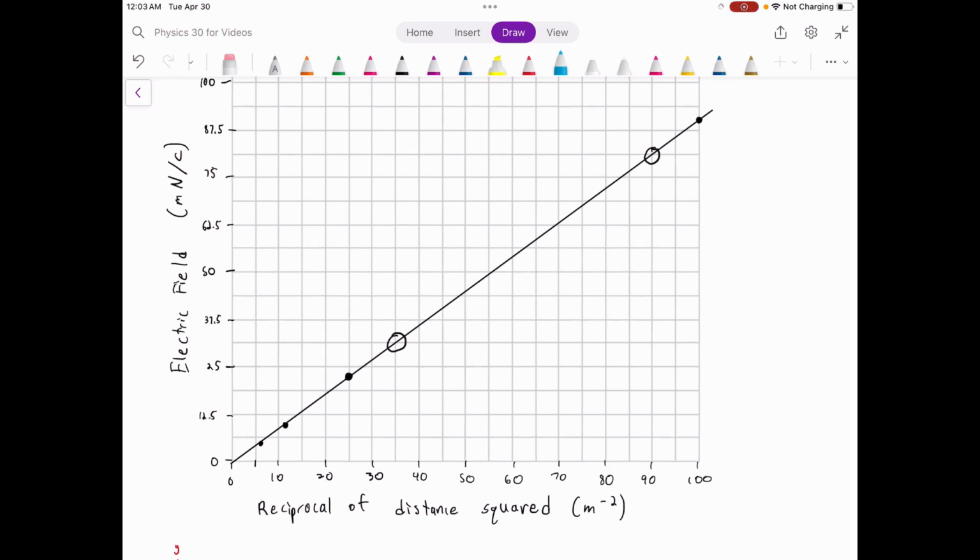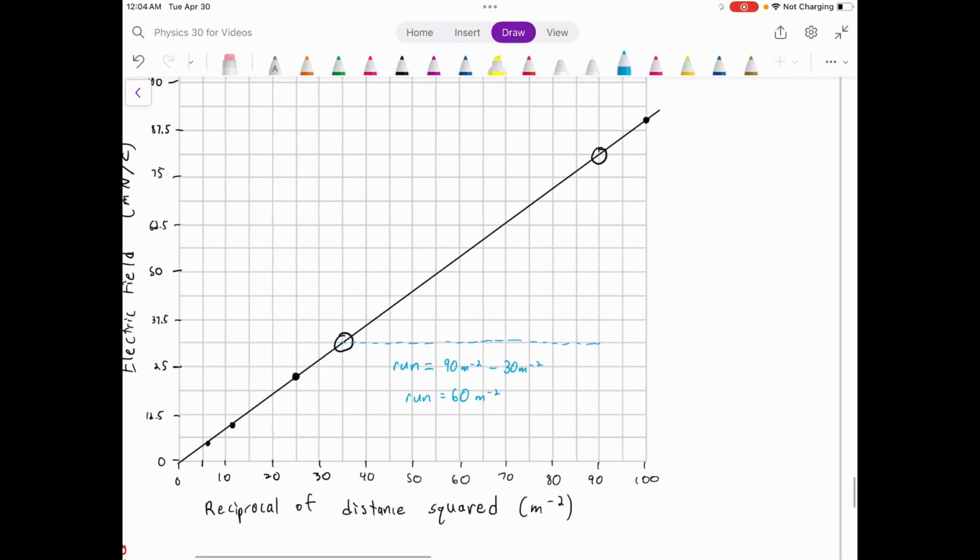So here we go. It looks like it runs from 35 to 90, right? So my run is going to be 90 inverse meters squared minus 30 inverse meters squared, or 60 inverse square meters, okay? And my rise looks like it goes from here, so that would be 25 plus 6.25, right? If this is 12.5, then half of it is 6.25.